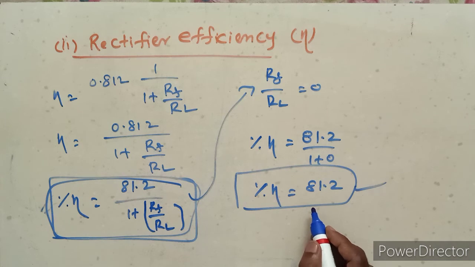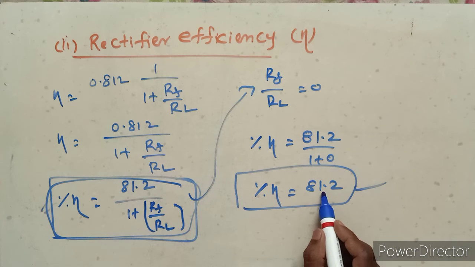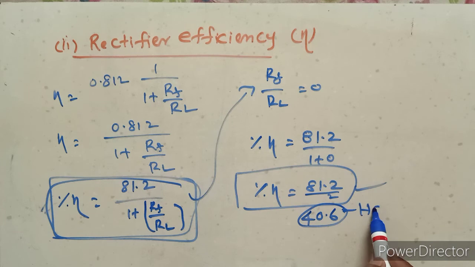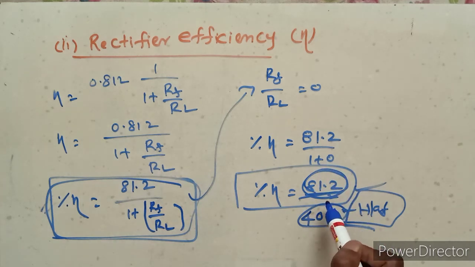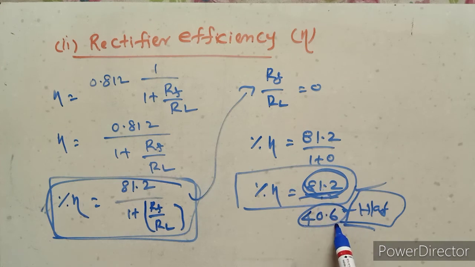The rectifier efficiency in the half wave is half of the full wave rectifier, which is 40.6 percent. So one half wave efficiency and one full wave rectifier efficiency: the full wave rectifier efficiency is double the half wave rectifier efficiency. Okay, next parameter.